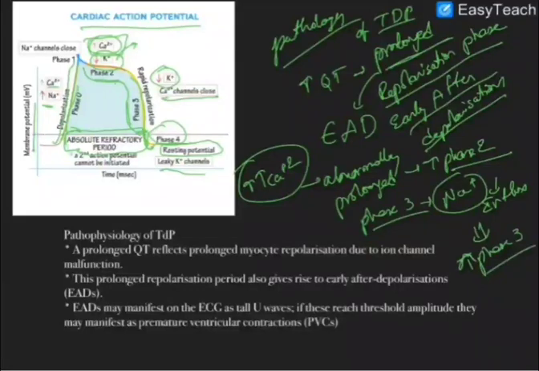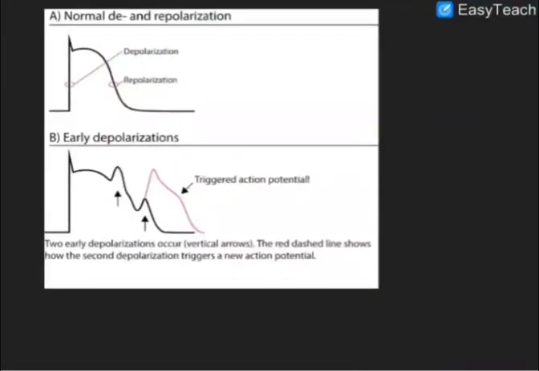And when phase 2 or phase 3 is prolonged, look at this diagram. In repolarization, either in phase 2 or phase 3, if it's prolonged, maybe due to increased latency of calcium channels or opening of the sodium channels in phase 3, depolarization, which is supposed to happen after completion of phase 4, starts very early, either in phase 2 or in phase 3.